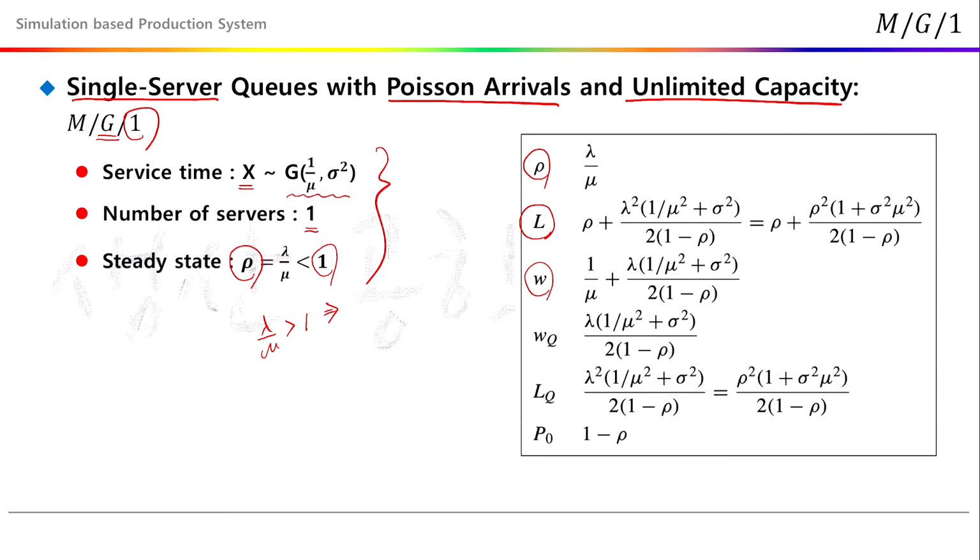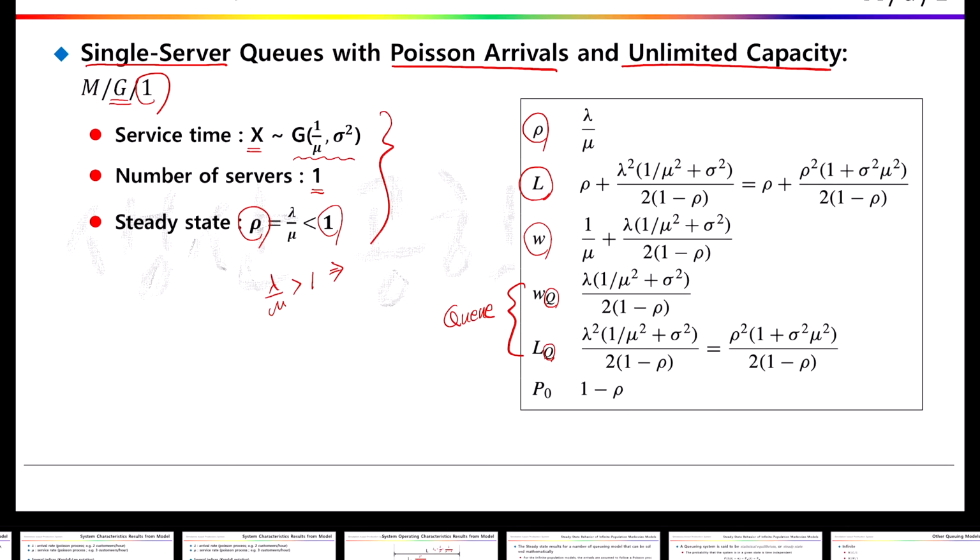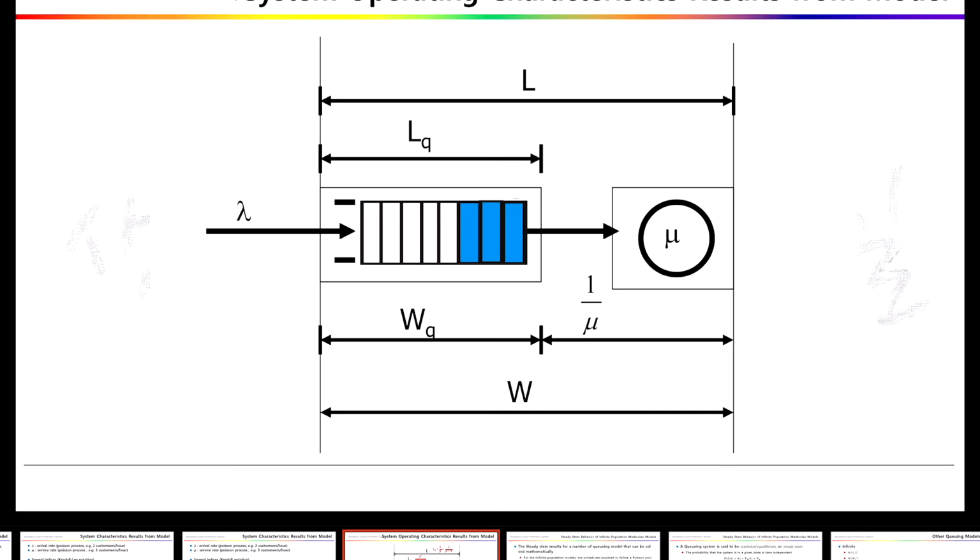And if Q is denoted here, it means that this is restricted to inside of the queue. So do you remember this figure?